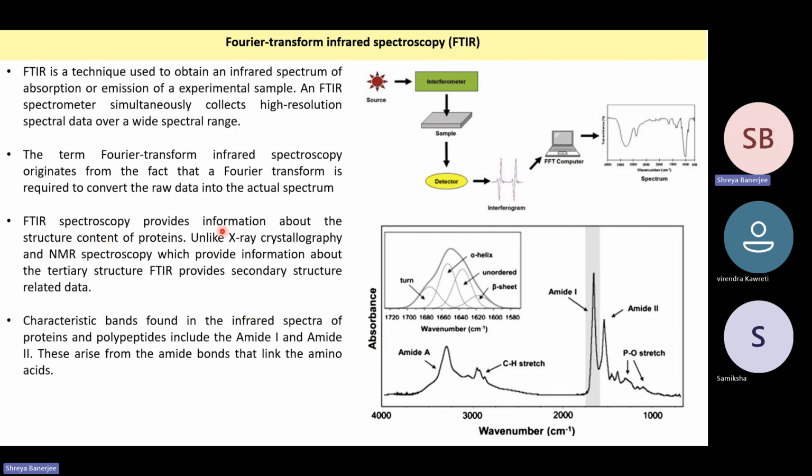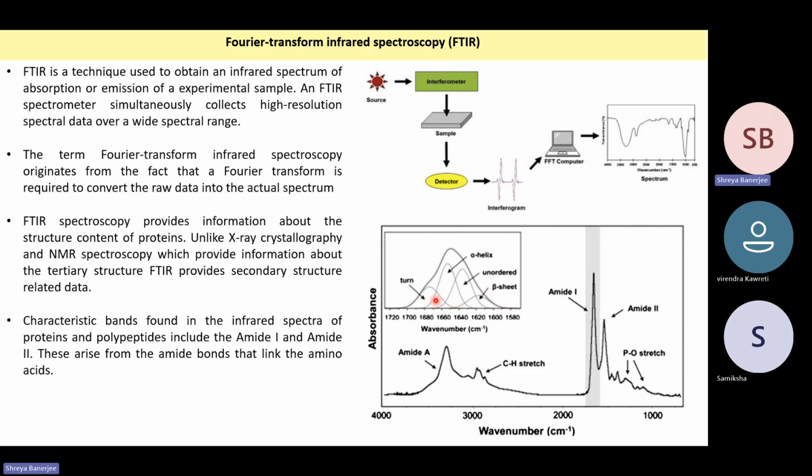So FTIR spectra gives us information about the secondary structures. Like you saw in CD spectra, you can put it in a software and it will predict how much of each secondary structure is there. That can be done in FTIR also. So in FTIR, you can look, this is the peak that was obtained, this outer envelope. And after putting it through the software, it has deconvoluted the peak.